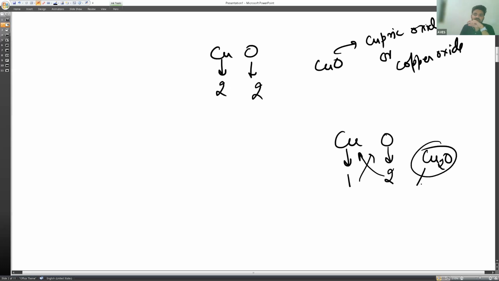But this is cuprous. Copper has 1 and 2 valency, so which is less? The lesser one is called cuprous. Okay, cuprous. Got it?